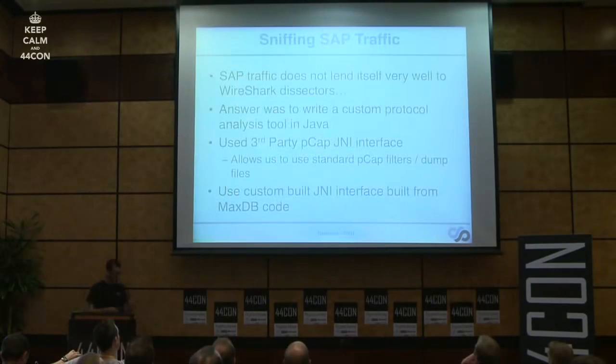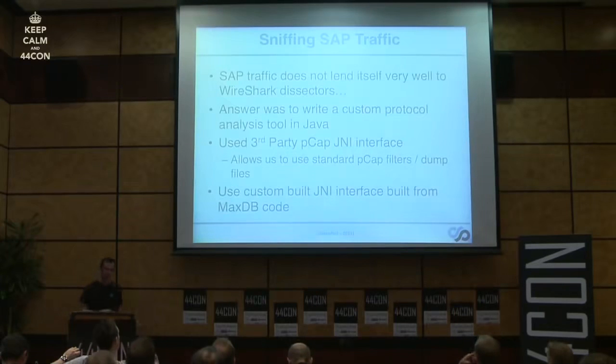Right, if we look at sniffing SAP traffic, it doesn't lend itself particularly well to Wireshark dissectors because you're talking about fairly large messages that spread over a whole bunch of packets, so it gets very confusing. I was originally thinking of doing it with Wireshark, but eventually I decided to use Java and build a custom protocol analysis tool.